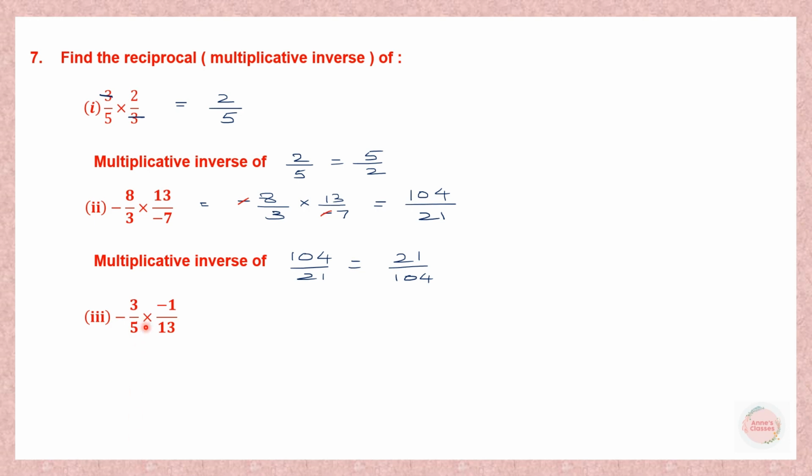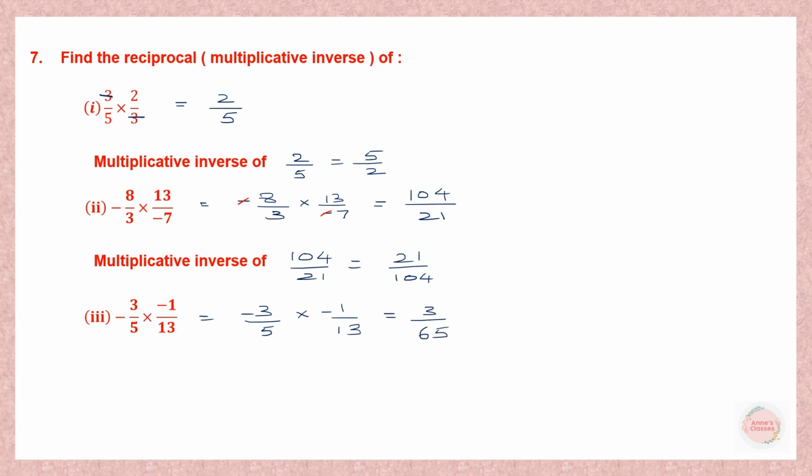Question 3, here we have minus 3 by 5 into minus 1 by 13. So let's write that as minus 3 by 5 into minus 1 by 13. Now here also there's nothing to cancel, so we multiply the numerators. So minus into minus is plus, 3 ones are 3. So this is 3. In the denominator we have 5 into 13, which is 65.